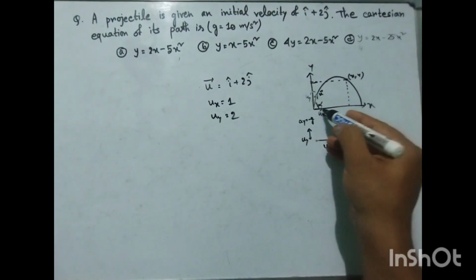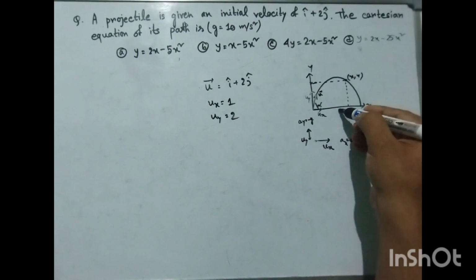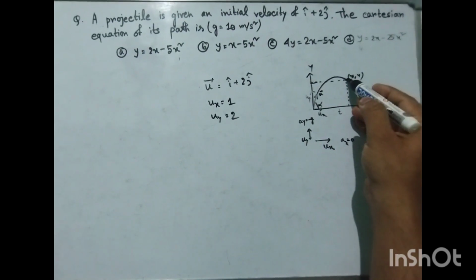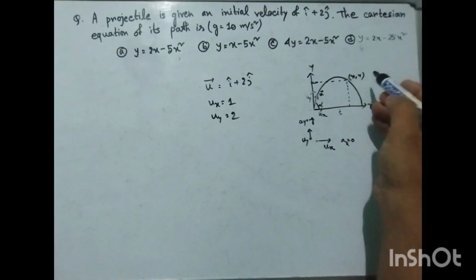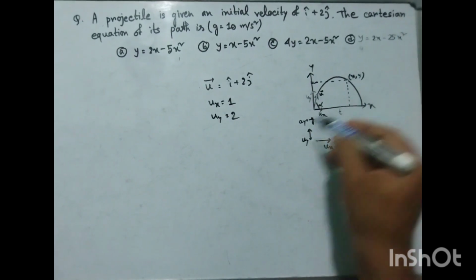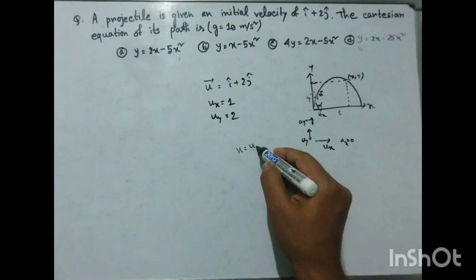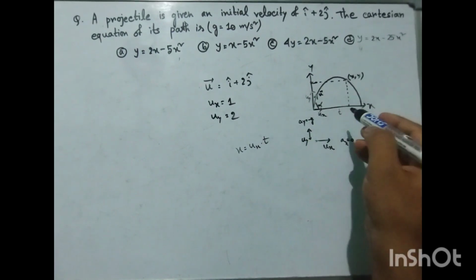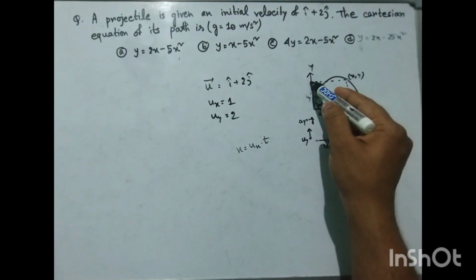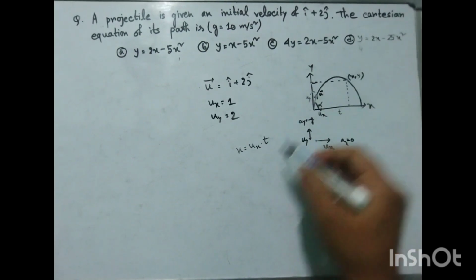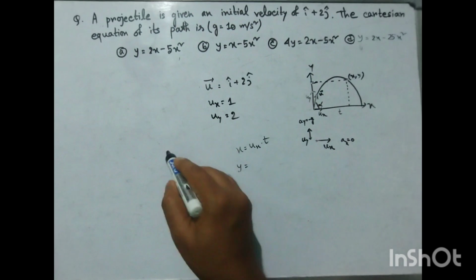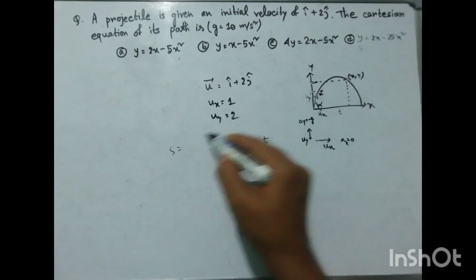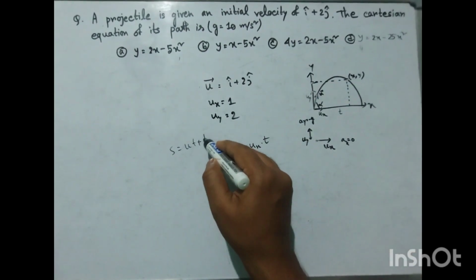Now you see, at time t, if the particle is at this point x comma y, then x will be what? x will be ux into t. And what will be the y coordinate? We know the formula of one-dimensional motion, s equals ut plus half at square.